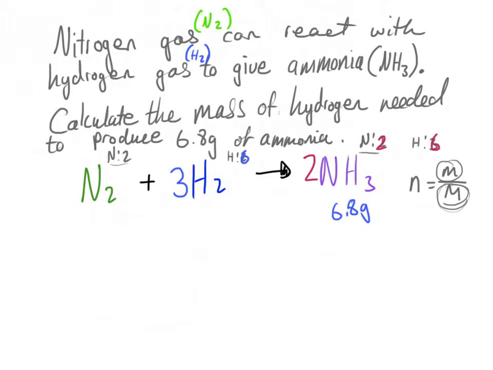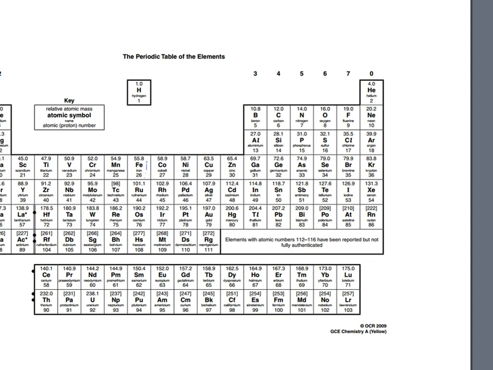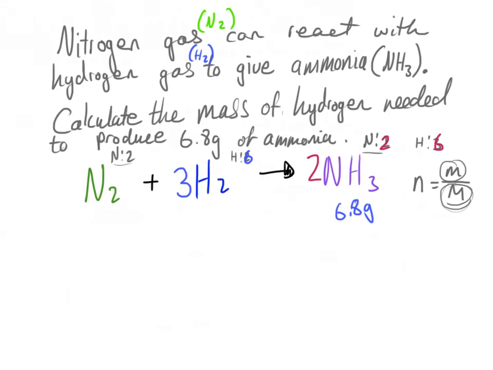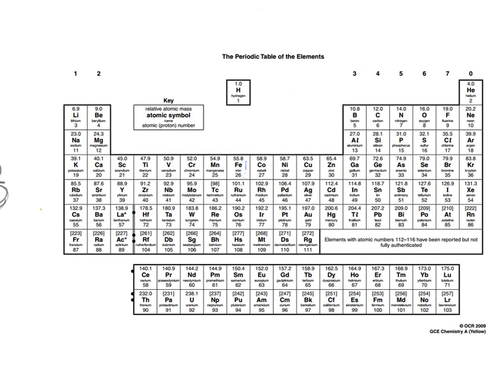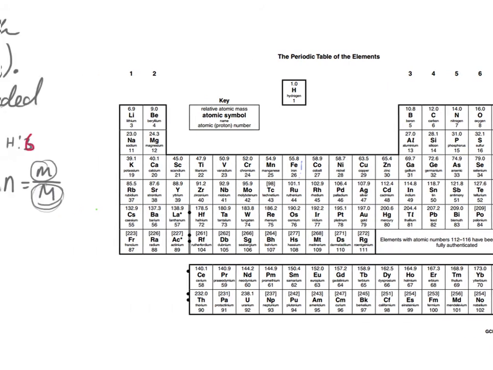The relative atomic mass of nitrogen is 14, as you can see. So 14 plus, we've got 3 hydrogens here, so plus 3 times 1, because the relative atomic mass of hydrogen is 1.